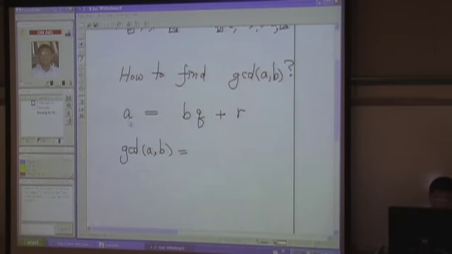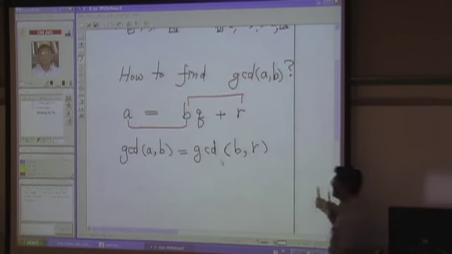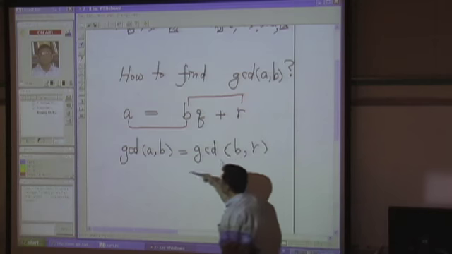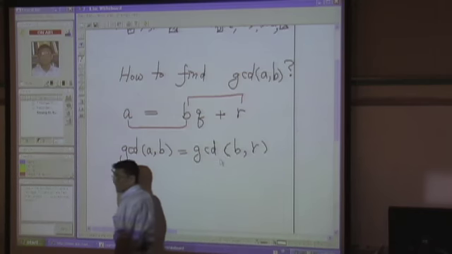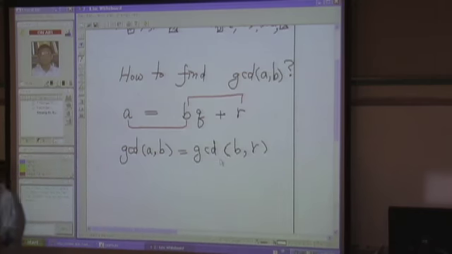Instead of finding the greatest common divisor of A and B, we can find the greatest common divisor of B and R. This is the key. Do you follow me? In other words, we don't have to find the greatest common divisor of A and B. We need only the greatest common divisor of B and R. This is the key.